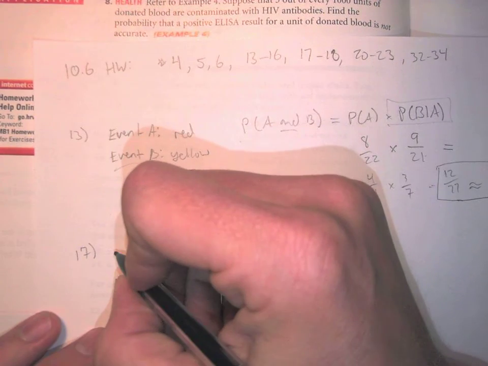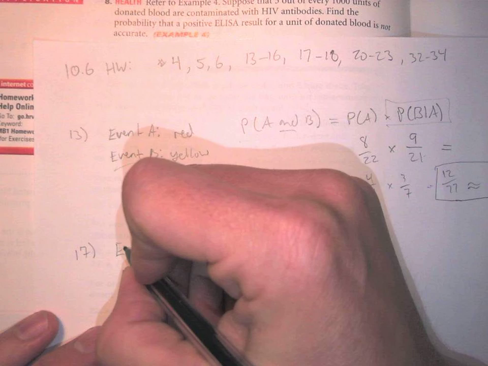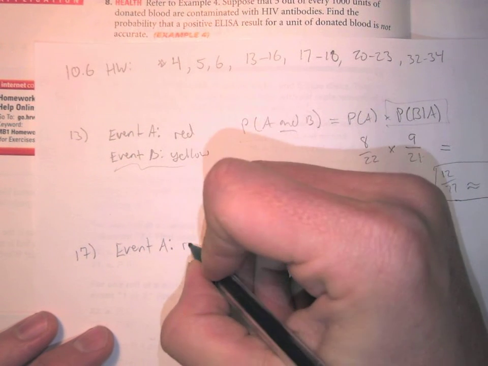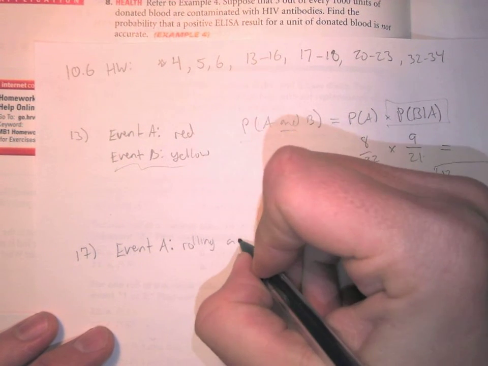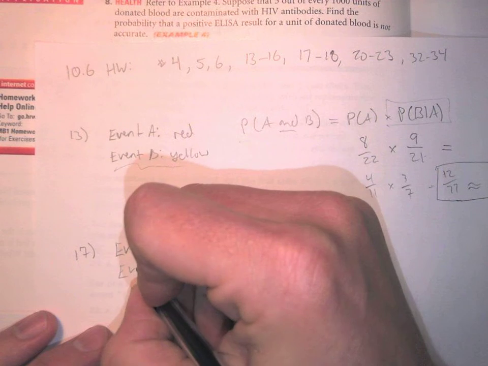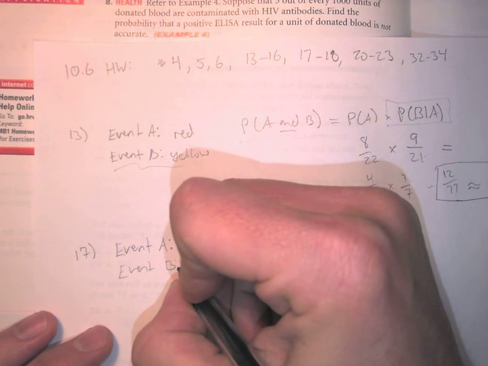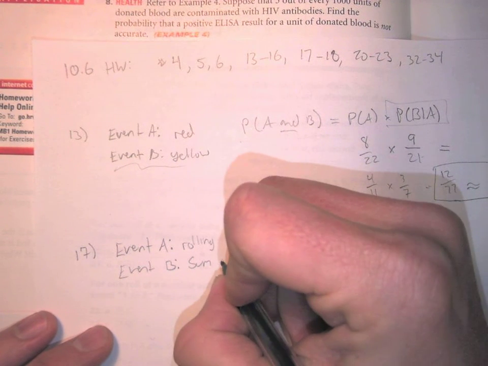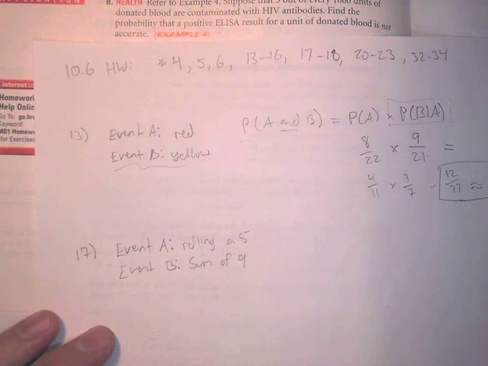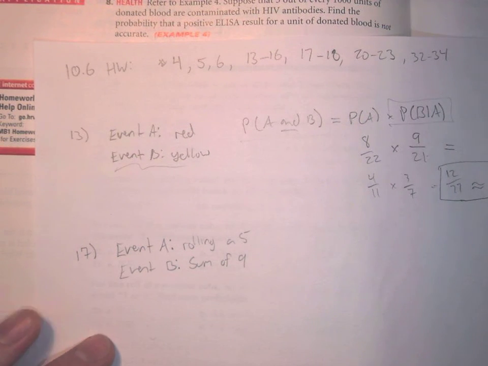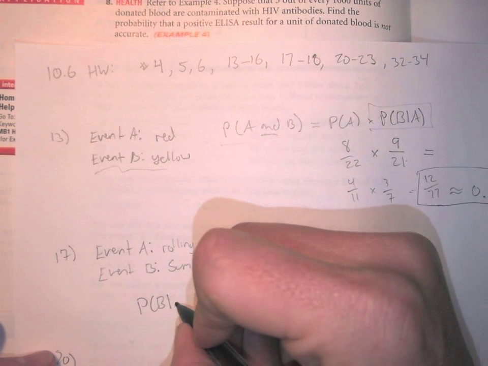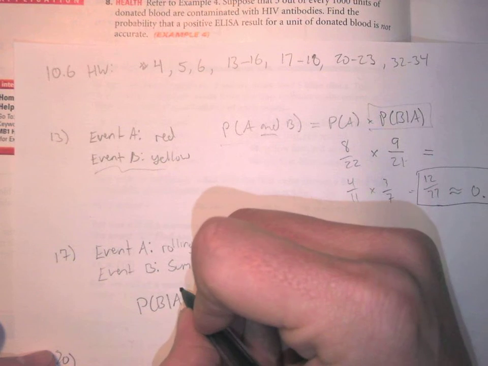The event A is rolling a 5. Event B is sum of 9. And we want to find the probability of B assuming A.